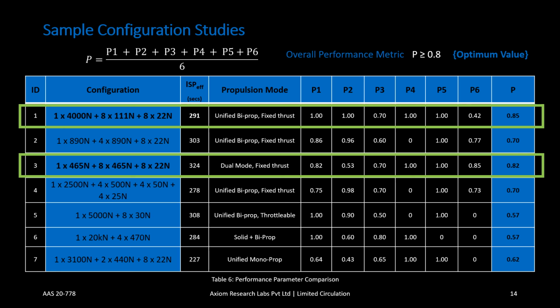Both these combinations have a very good payload range P1, and they are like the best of all the worlds that we are looking at, having redundancy, having some flight heritage and all. Clearly, configurations involving green thrusters are yet to be proven for the thrust and ISP that the others deliver. So these are the 2, and the highest amongst the 2 is configuration ID 1.